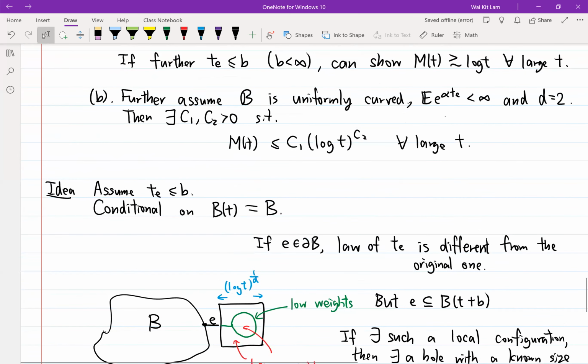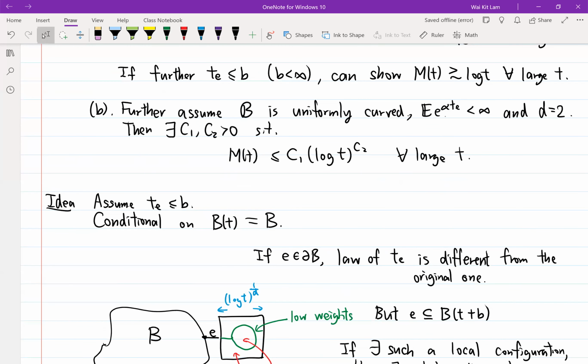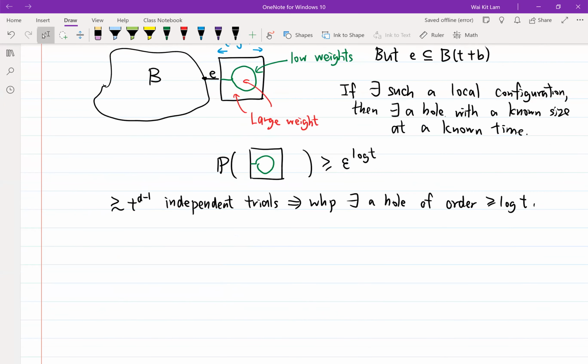So let me perhaps also say a few words on how you can show that if the limit shape is uniformly curved, then you can get the upper bound for the largest hole in 2 dimensions. Okay. So why would curvature help?